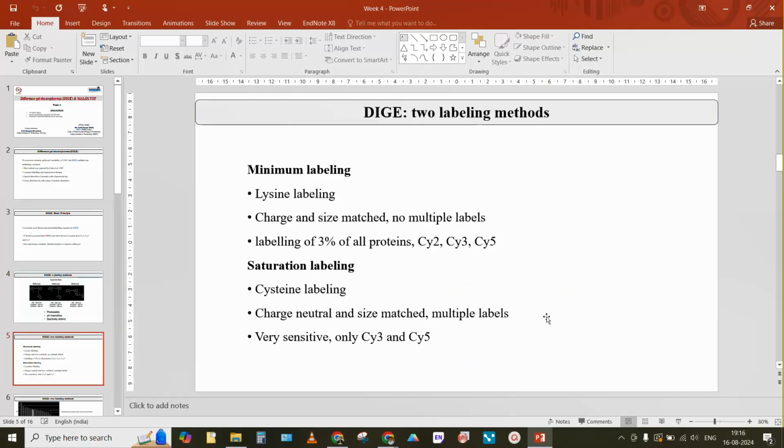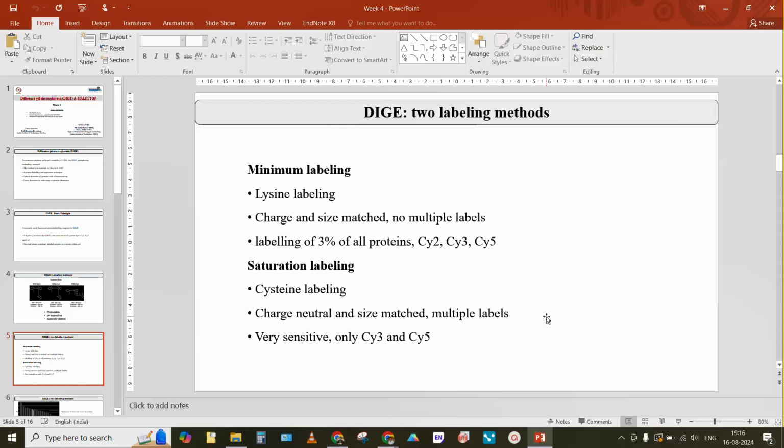Now let's talk about different types of labeling methods. In DIGE there are two possible types of labeling methods. One is the most commonly used lysine labeling, and the other is cysteine labeling. The lysine labeling method, also known as the minimum labeling method, has matched charge and size of dyes. There are no multiple labels, and it is known as minimum labeling because it labels only about 3% of all the proteins.